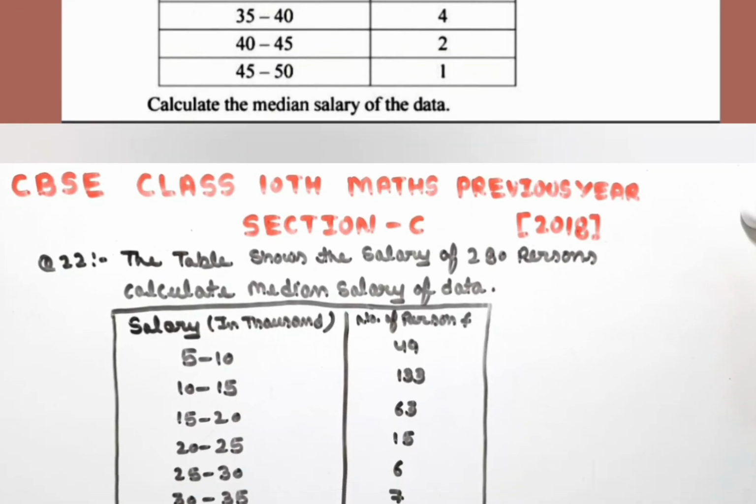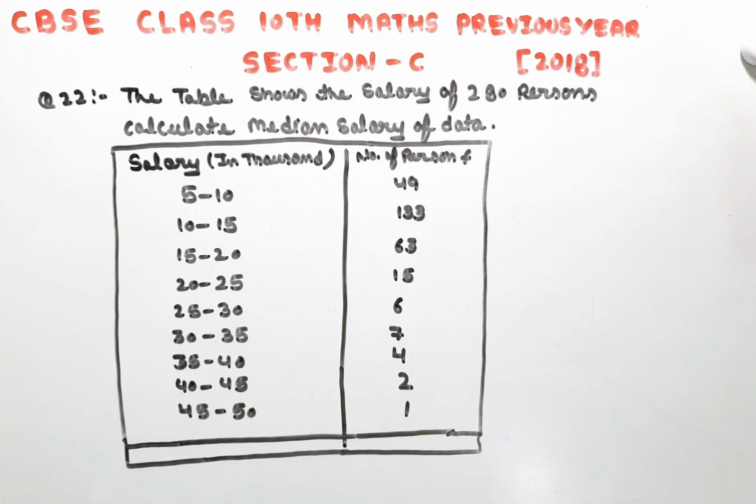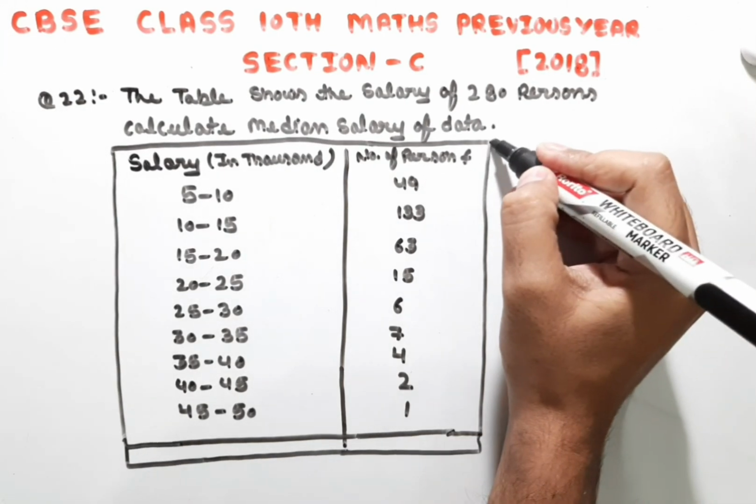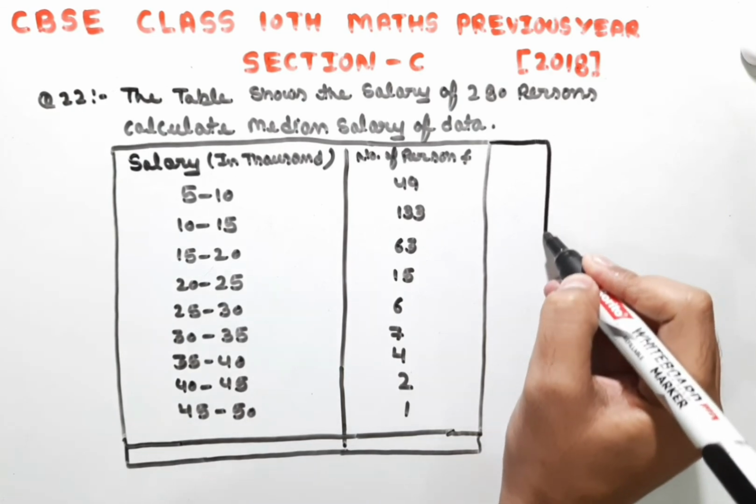Question number 22. The table shows the salary of 280 persons. Calculate the median salary of data. So firstly, in this problem, we will calculate cumulative frequency.